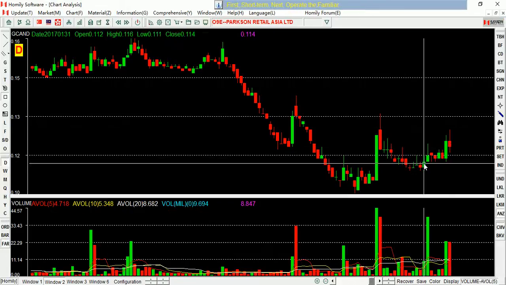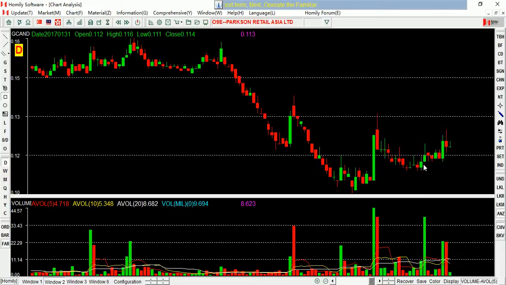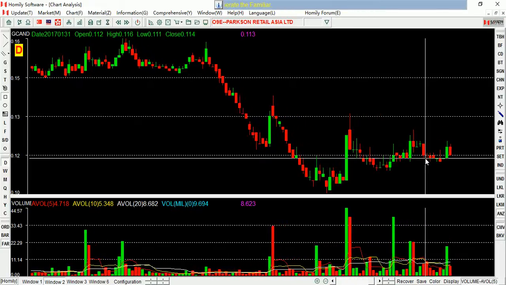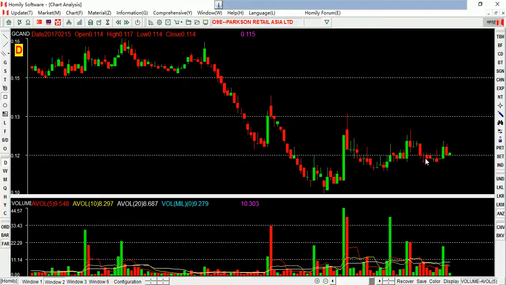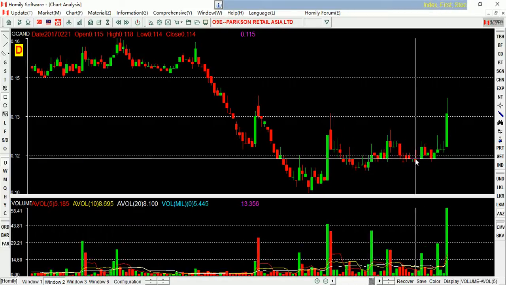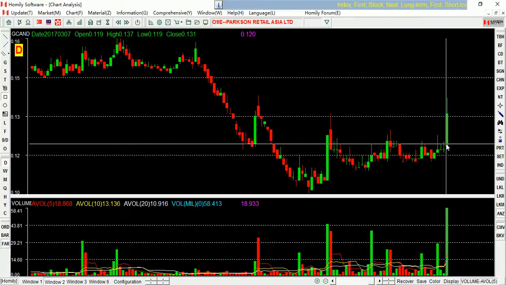So you should know this is the support, okay? So if the price drop here again, you should know 0.115. Okay, this is the buy price. So if you see this is the buy price here, the low price is 0.114. If you key 0.115, you can get this stock. Then if you get this stock today, you will earn a lot.